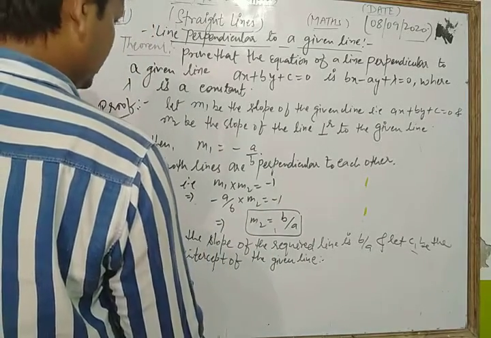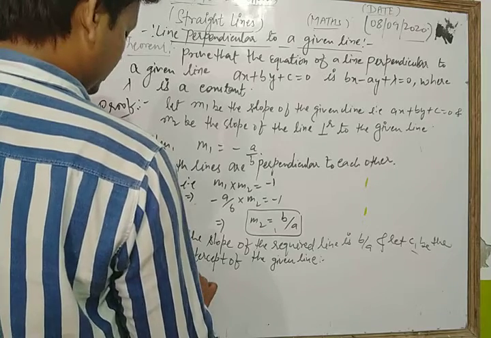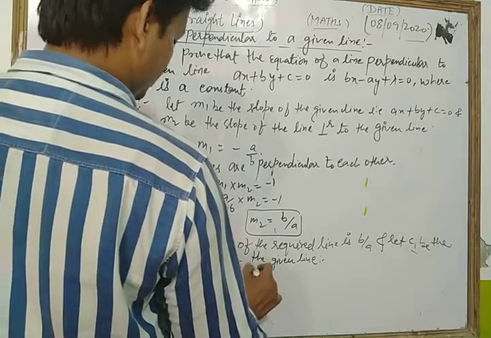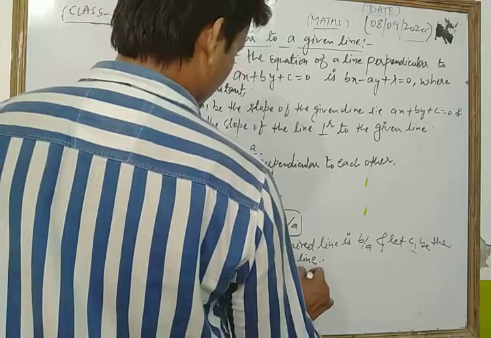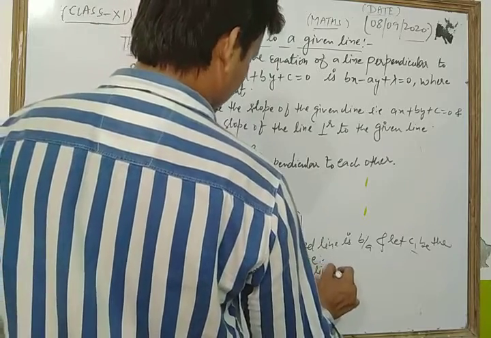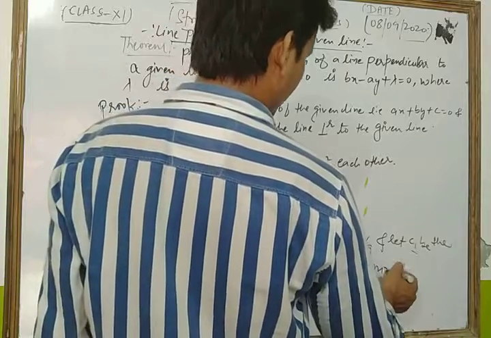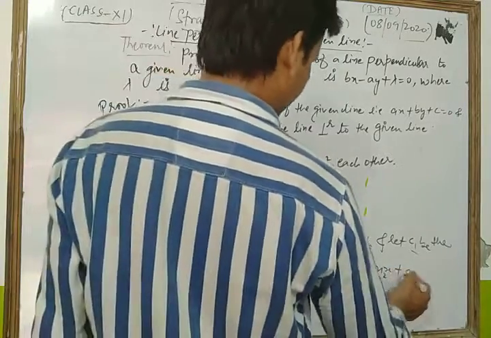Then the equation of the required line will be, from the formula y is equal to mx plus c. Here we put m as m2 and c as c1.